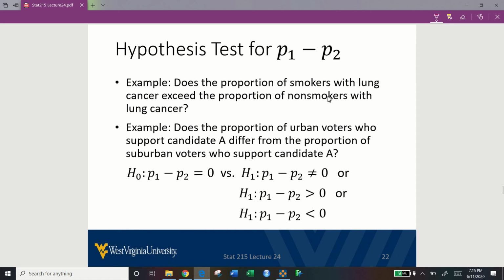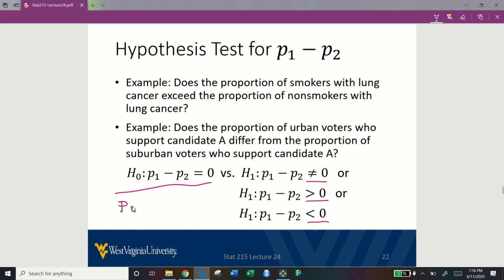Our stated hypothesis for this case would be a null hypothesis of P1 minus P2 equal to 0. And our alternative hypothesis can be P1 minus P2 not equal to 0, P1 minus P2 greater than 0, or P1 minus P2 less than 0. You may be wondering, why are we comparing our values to 0? Let's think about this logically.